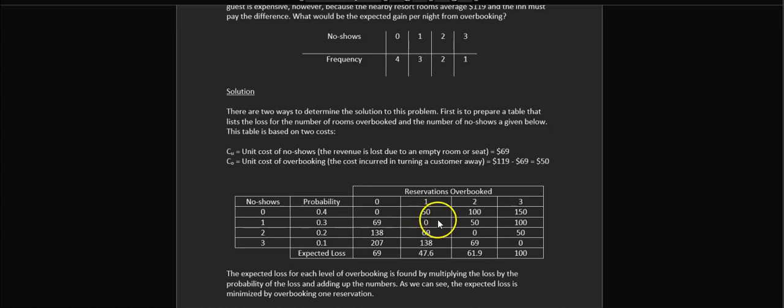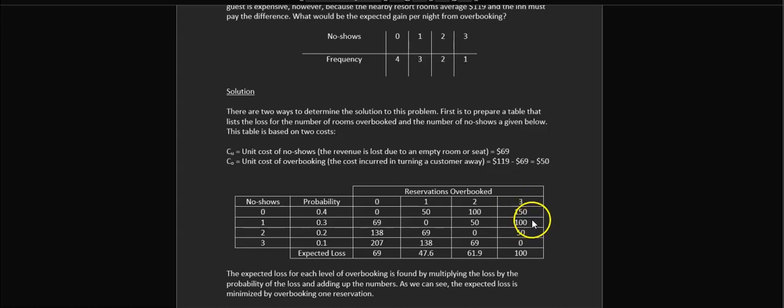1 overbooking and 1 no-show, you break even, everybody's happy. 1 overbooking and 2 no-shows means you have 1 empty room. 1 overbooking and 3 no-shows means you have 2 empty rooms. So 69 times 1, 69 times 2. And you can do the math all the way down here, where if you went to an extreme and you overbooked 3 rooms, you had 0 no-shows, you're losing $50 times 3 because you have to send all 3 people to a different hotel.